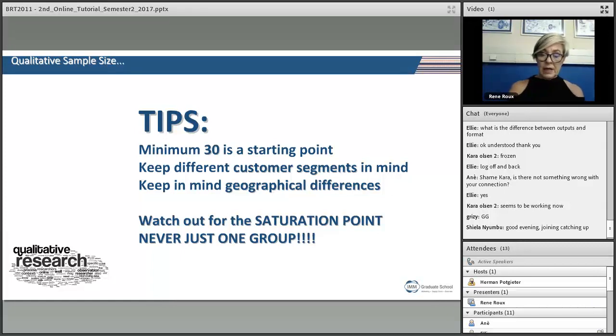Watch out for the saturation point. What do I mean by saturation point? Don't do 20 focus groups because you're concerned that you do not have enough people covered in your qualitative.